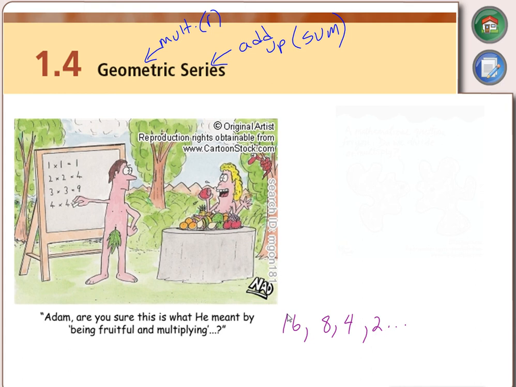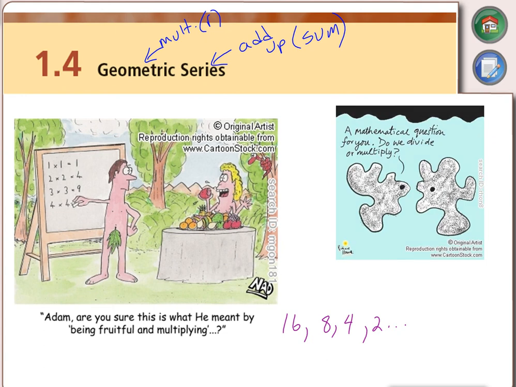No. Geometric, we're always going to be talking about multiplying. Amoeba, on the other hand, they divide. We're always multiplying. So we'll be talking about multiplying by an r of 1/2. That's the multiplying to the next level.